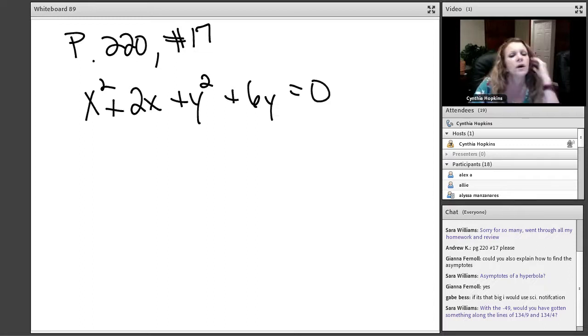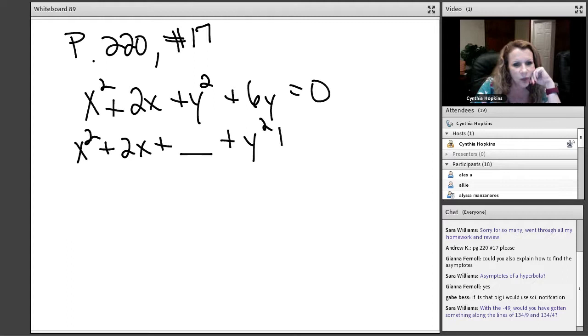All right, so I really should have squeezed in my plus blank, but let me go ahead and do so now. So x squared plus 2x, and then I need to complete the square there for my x's. Then I have a plus y squared plus 6y, another plus blank, and then equals 0 plus blank plus blank.